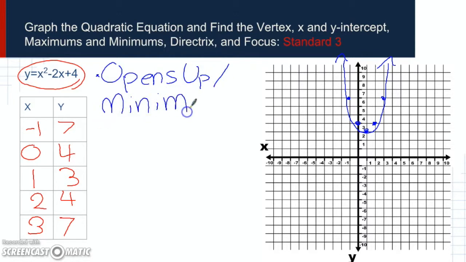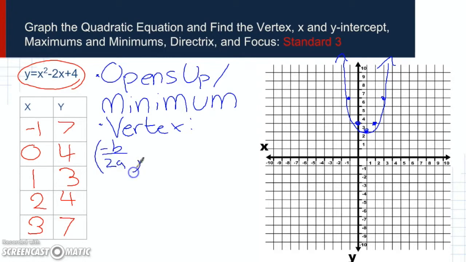Now the next step is to find the vertex. To find the vertex, use the formula to find x: negative b over 2a, and for y you just plug in what you get for x. The coefficient of x squared is a, the coefficient of x is b, and the constant is c.